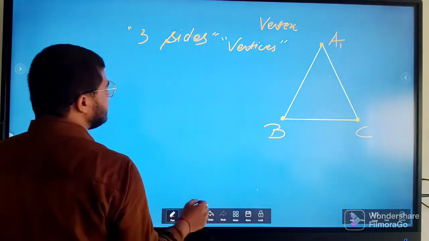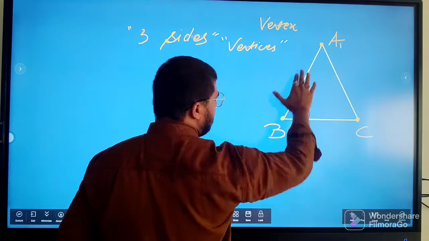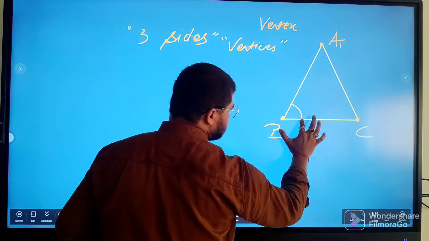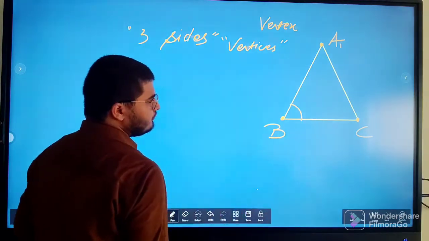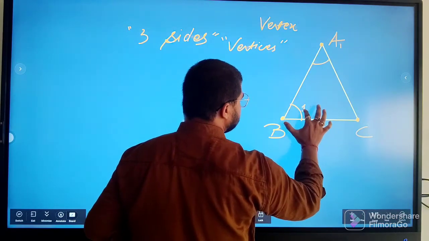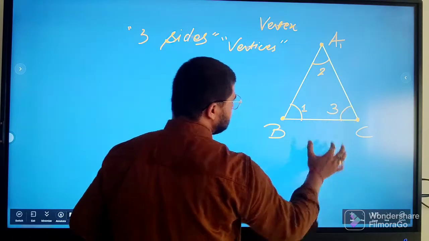and due to these sides there is an inclination of line AB over line BC. That inclination is the angle between the two. So there is one angle, let us say angle number 1, this is angle number 2 and this is angle number 3.